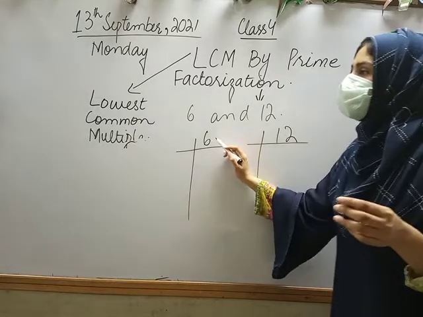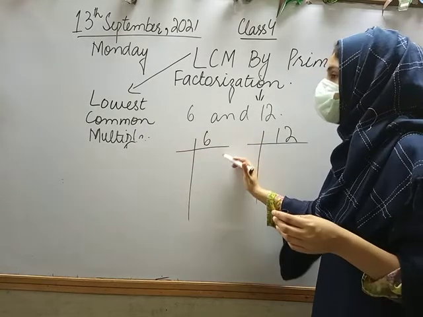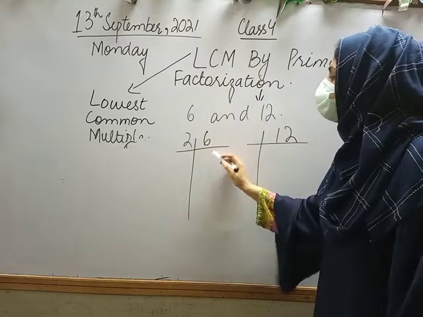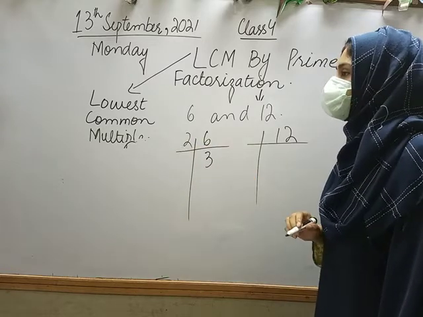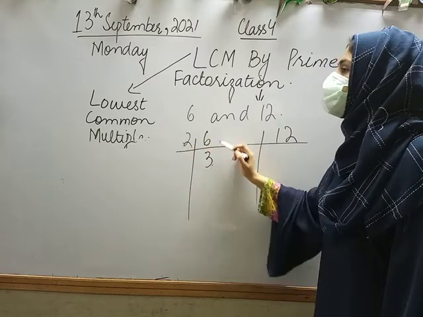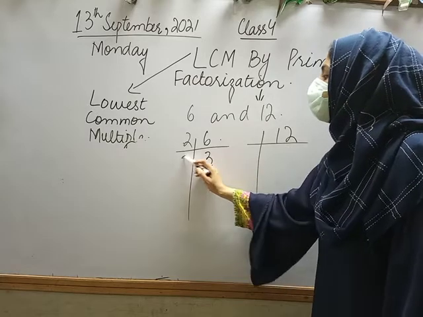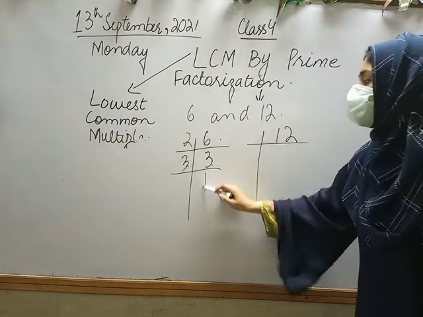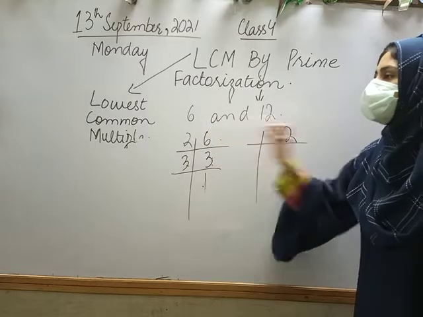As we have done a while ago, for 6 we will start from 2, which is 2, 3 times 6. Now 3 is the prime number, so 3, 1 times 3. This is the prime factorization of number 6.